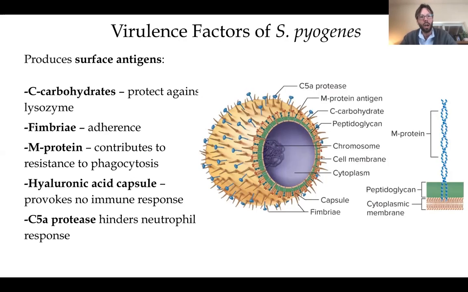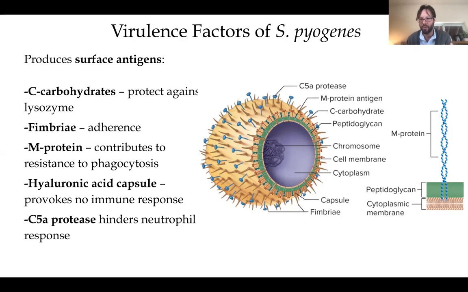Some of those are the C carbohydrates, which protect against lysozymes. Remember, we talked about how different bacteria have strategies to evade once they've been in, so some can evade phagocytosis altogether. Some can be phagocytosed, but not be broken down once they're inside the macrophage. That would be the use of this C carbohydrate. It prevents the lysozyme from digesting it.